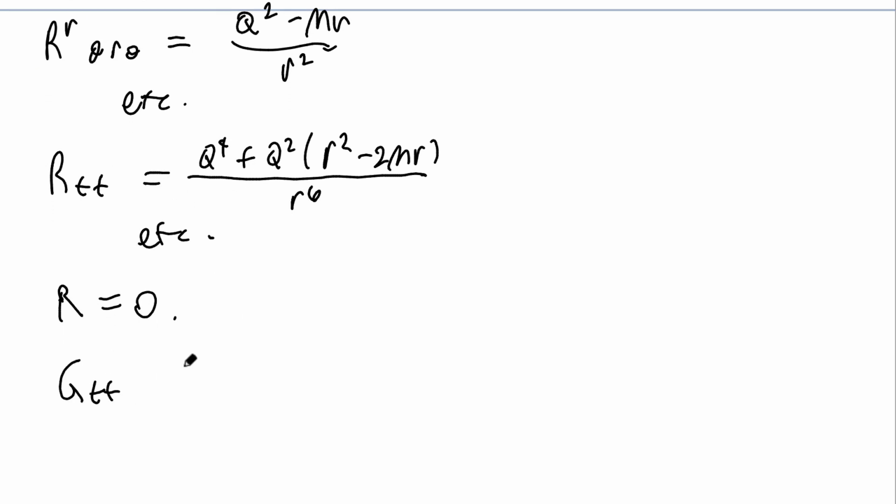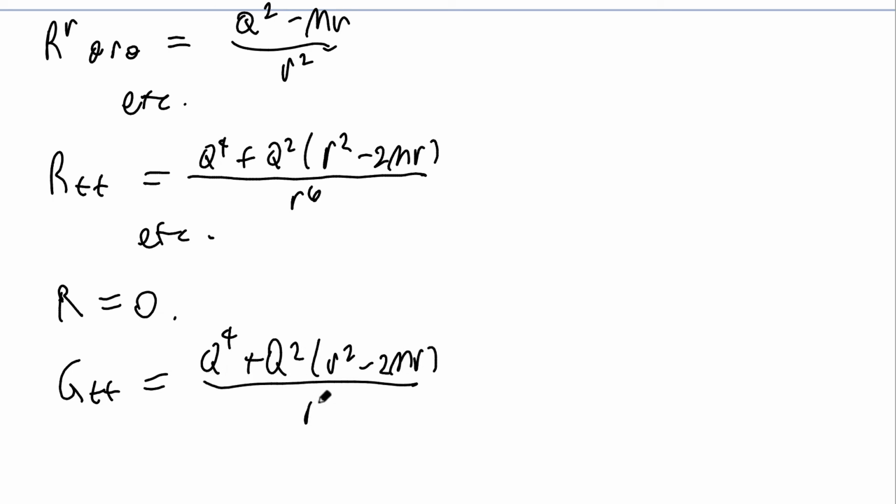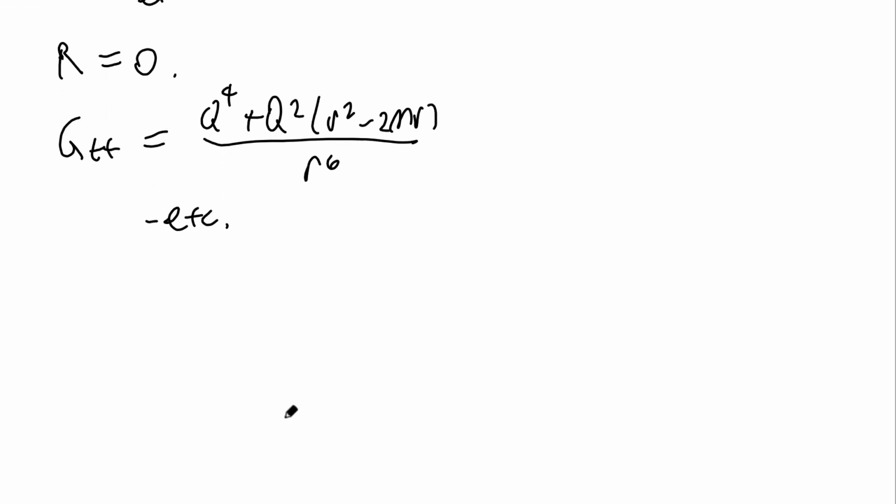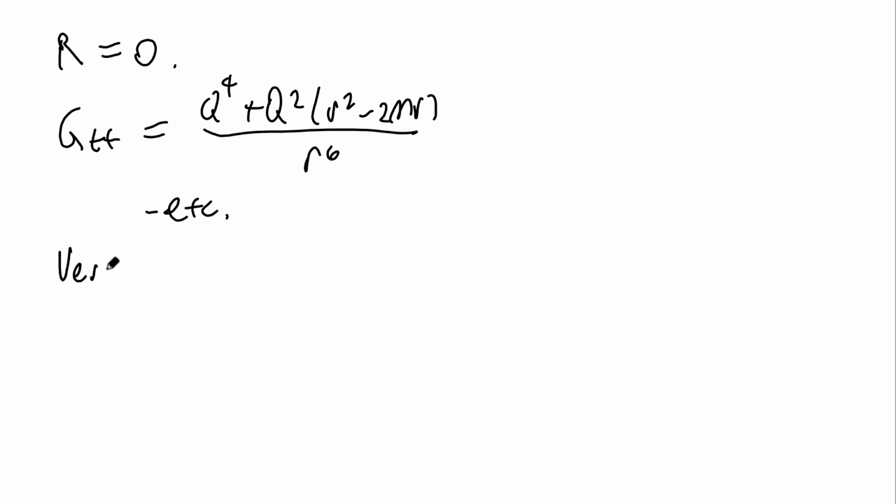So for example, the tt component of the Einstein tensor is q to the 4th plus q squared (r squared minus 2mr) divided by r to the 6th. And from these calculations we can verify the Bianchi identities. For example, the contracted Bianchi identity, we can verify that that holds.